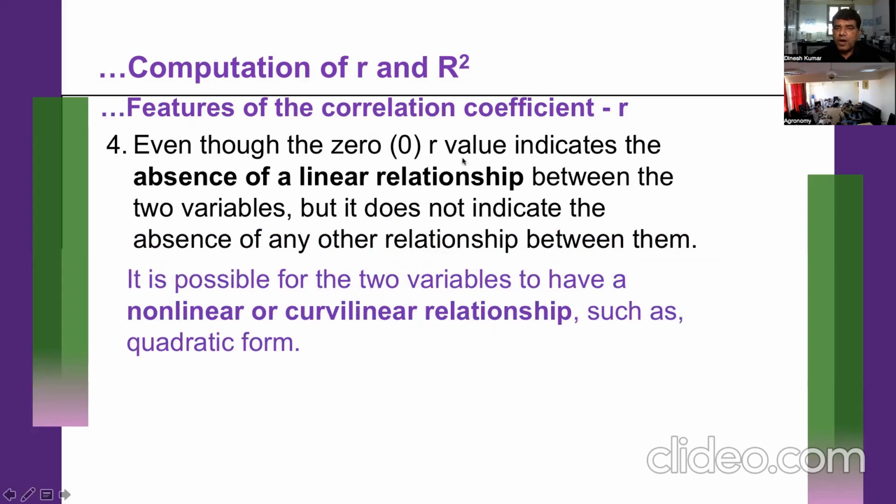Even though a 0 R value indicates the absence of linear relationship, sometimes you will get very small values of correlation coefficient, maybe 0 also, but it does not mean the absence of any other relationship between them. It can have some other kind of relationship, maybe quadratic, maybe cubic, and so on. It is possible for two variables to have a non-linear or curvilinear relationship instead of a linear relationship.